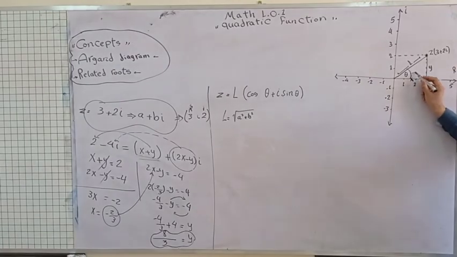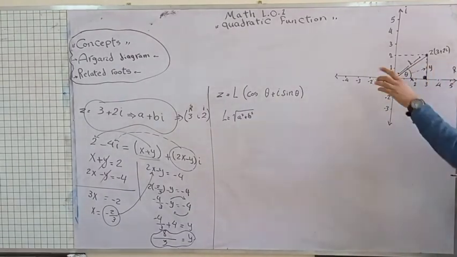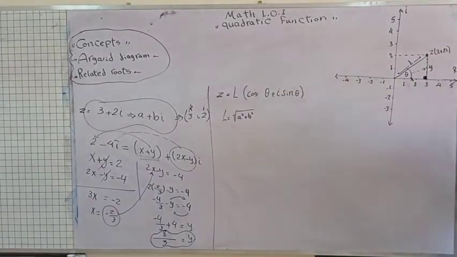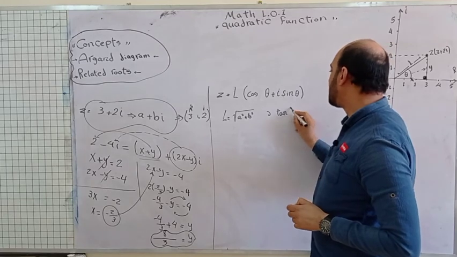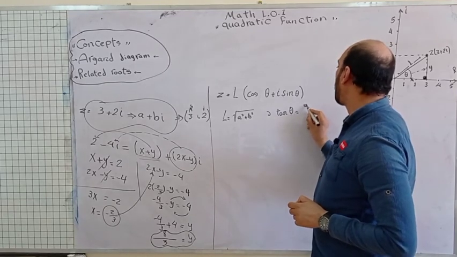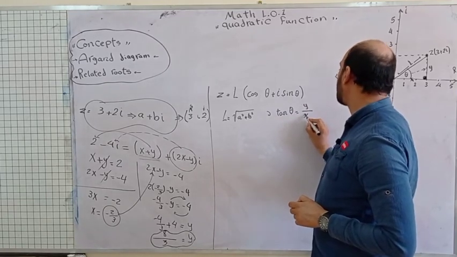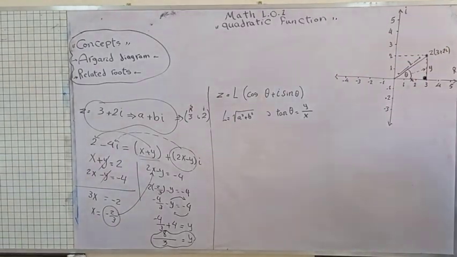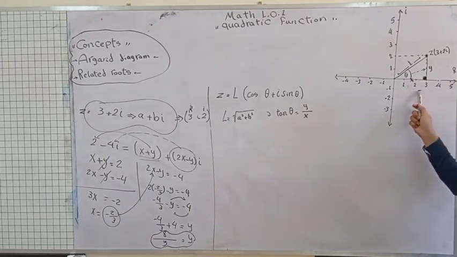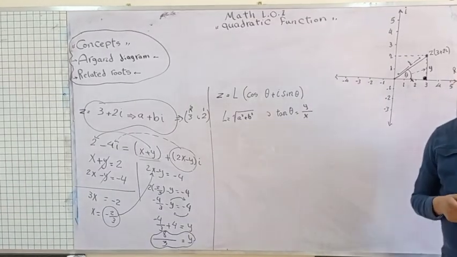Tan theta equals the opposite side over the adjacent side, then tan theta will be equal y over x. Okay? Because y here represents the opposite side and the x represents the adjacent side.